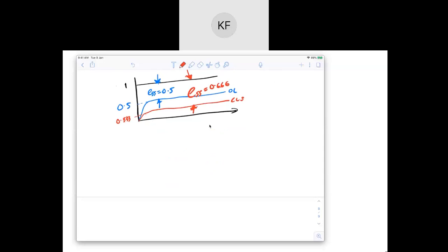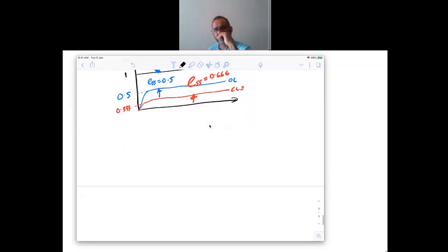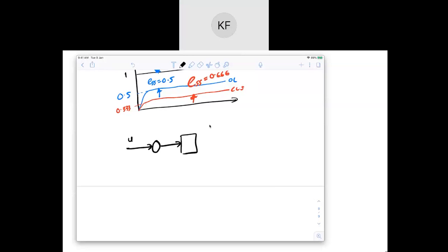Okay, so let's say I design a very simple controller. Instead of having the input directly to the system, let's say I have one controller here, a P controller from PID. Just put GC there, a controller. Then this is my transfer function just now, 1 over S plus 2.